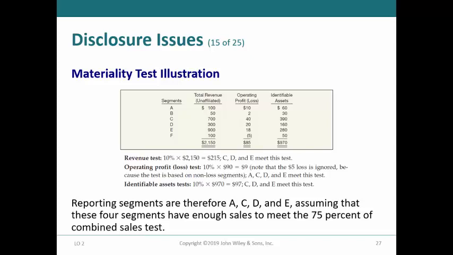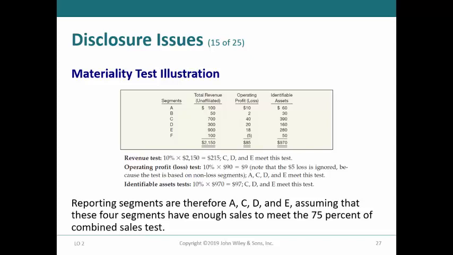The remaining segment's profit summed to $90, and 10% of that is $9. The operating profit and loss test is met by segments A, C, D, and E. Now I want to mention though that if segment F had had an absolute value greater than $9, even if it was a loss, it would be included in the segments.